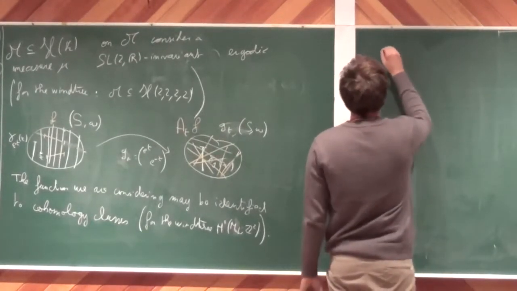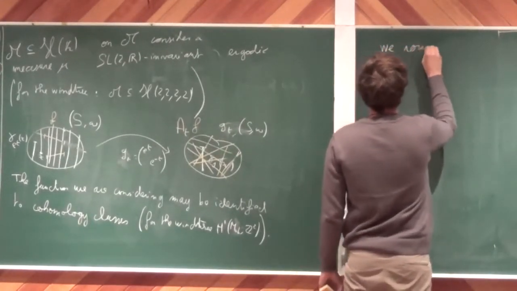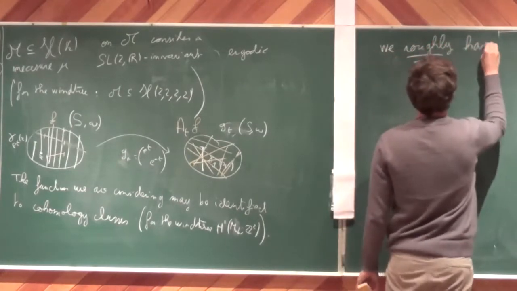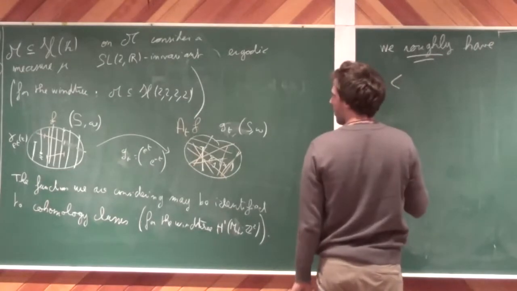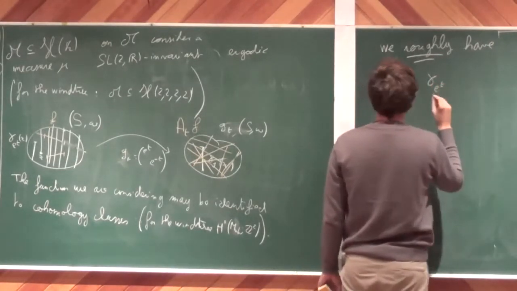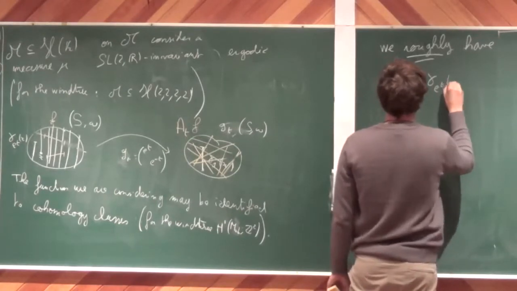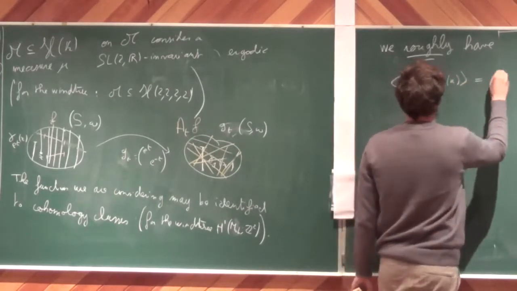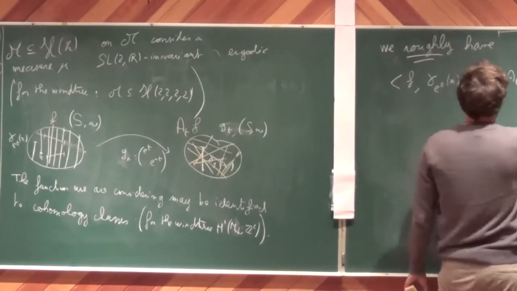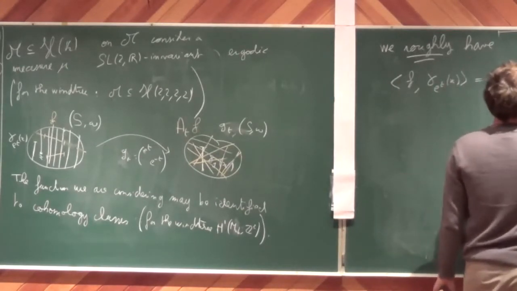So we roughly have F gamma exponential t from X equal AT F gamma 1 of X prime.